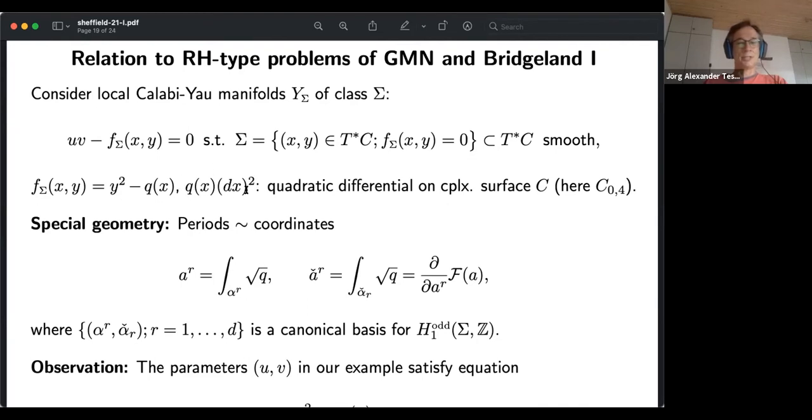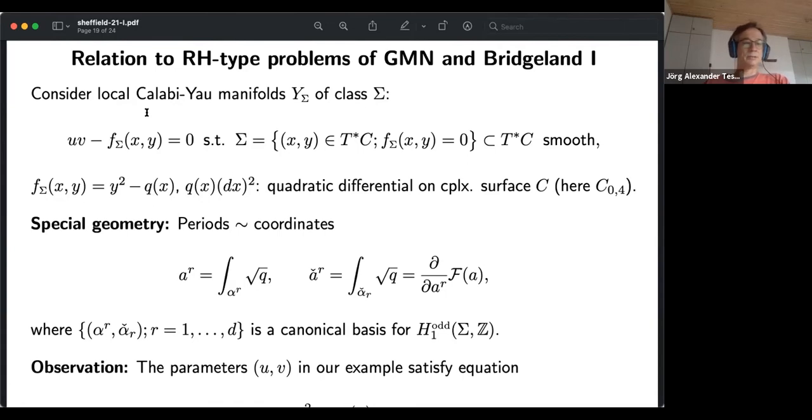So we're taking a quadratic differential on a complex surface C. In the concrete example, this is Q0, which determines the Stokes graphs. From that, you can define a curve in the cotangent bundle of the underlying curve, which for us is always the four-punctured sphere, by setting this to zero, which is just y squared minus q of x.